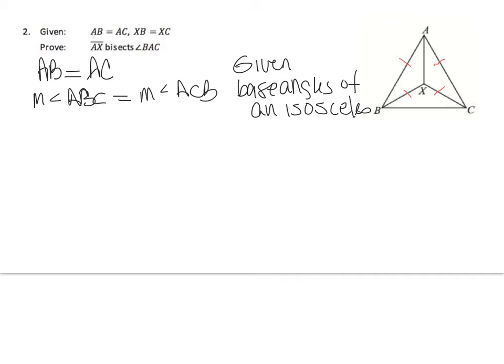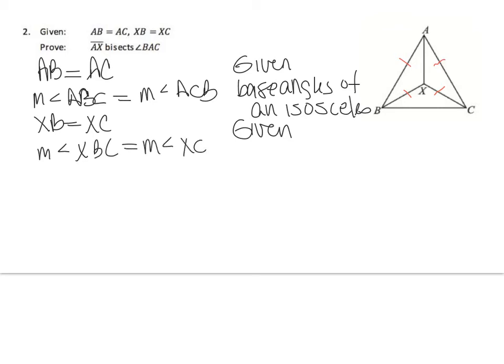Okay, we also know that XB equals XC. That was given. And the measure of angle XBC is equal to the measure of angle XCB. And that is also because base angles of an isosceles are congruent.